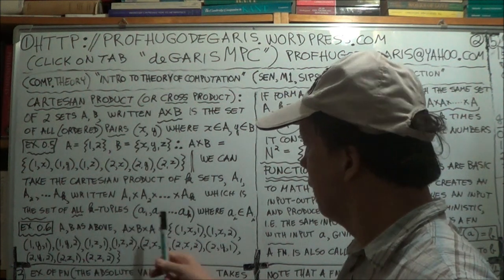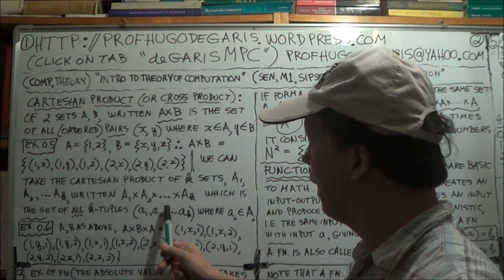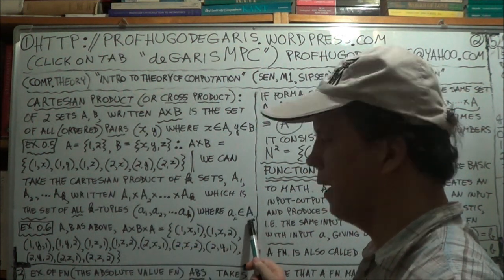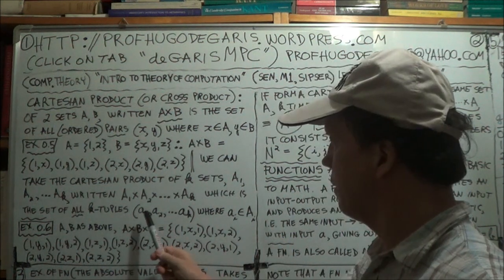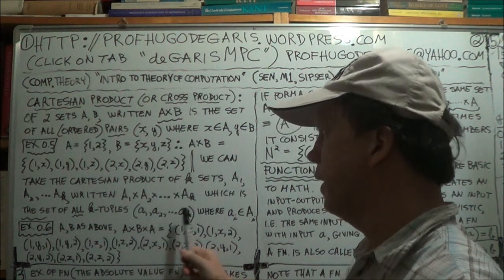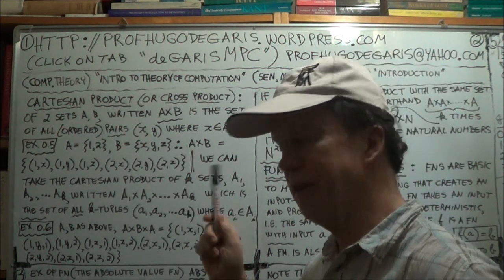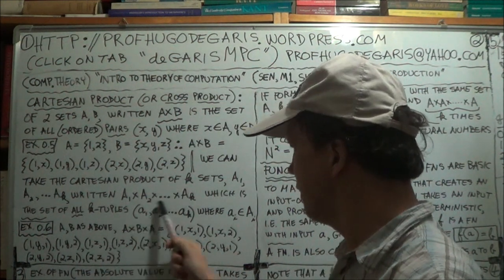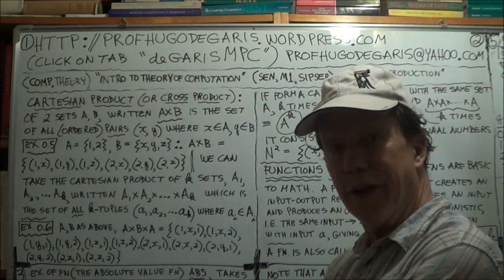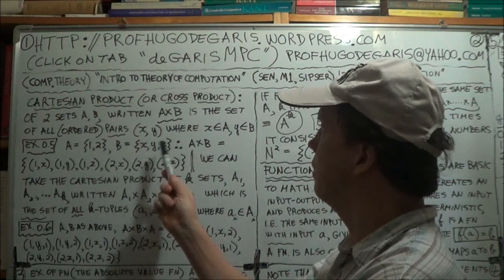And the ith one, see in the middle here somewhere, the Ai would be a member of the big Ai set, and all possible k tuples like this you have, they are the elements of the set, which is this Cartesian product of k sets. Okay, so it's a fairly straightforward generalization of this.